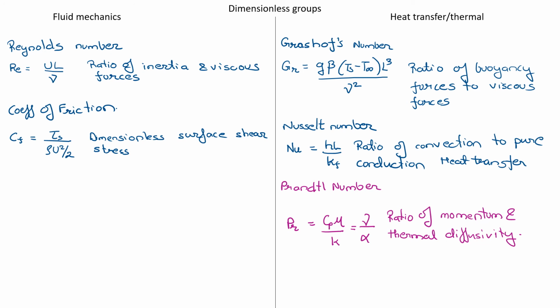You must know what the Grashof number, Nusselt number, and Prandtl number are, because we will be using these numbers to calculate either the heat transfer due to convection or to define the type of flow, that is, if the flow is laminar, turbulent, or in transition. So these are some important dimensionless groups that you must know.